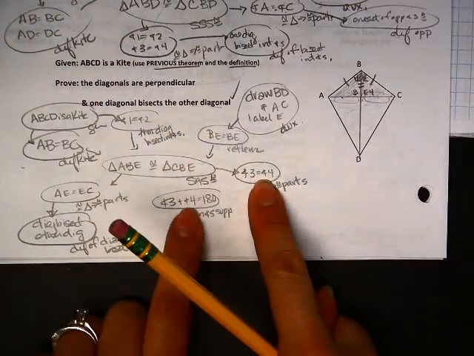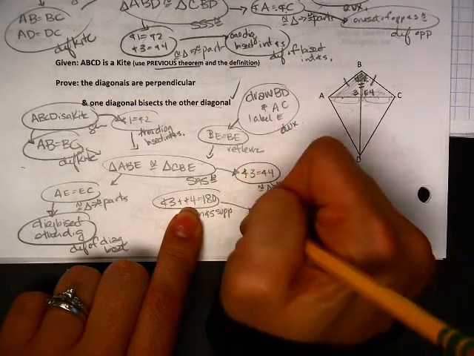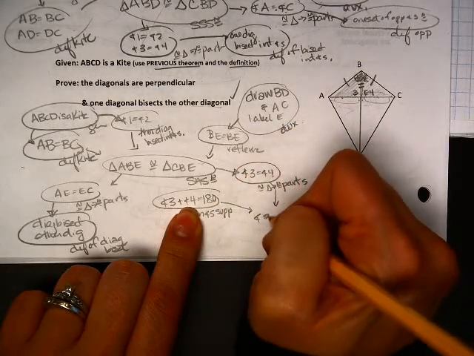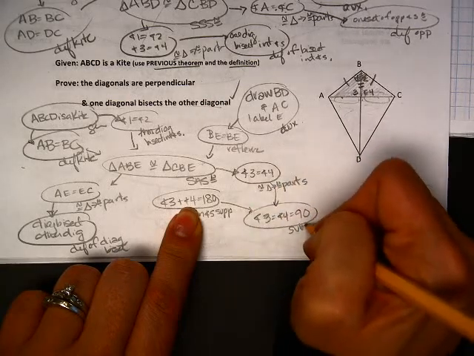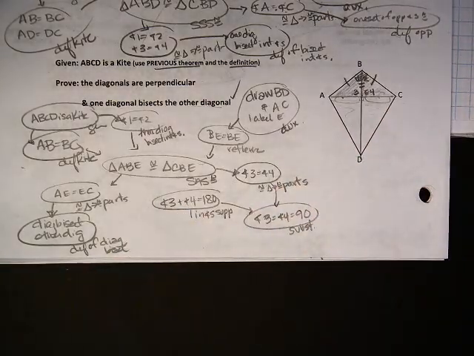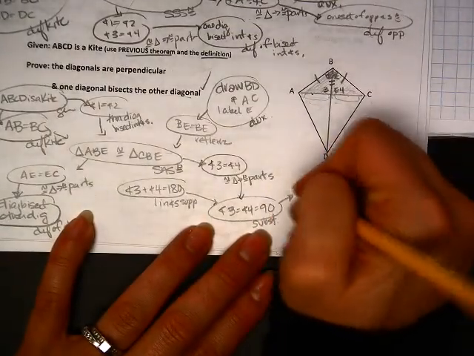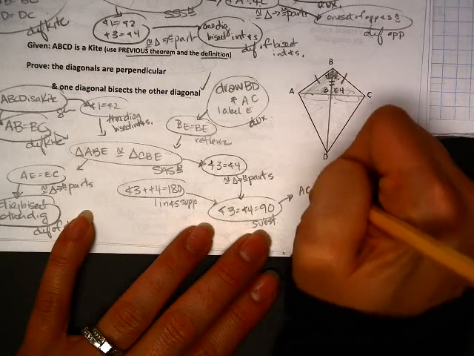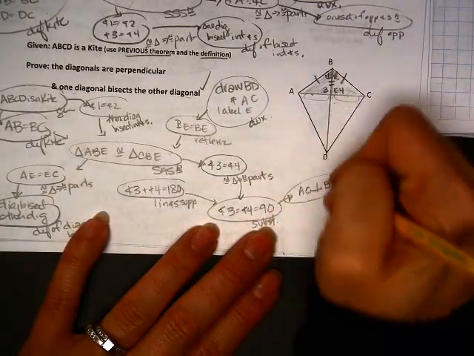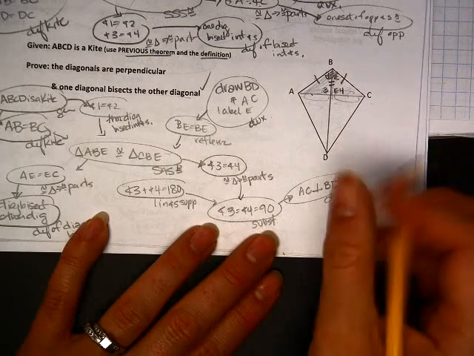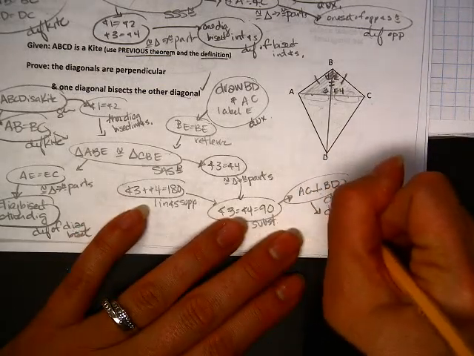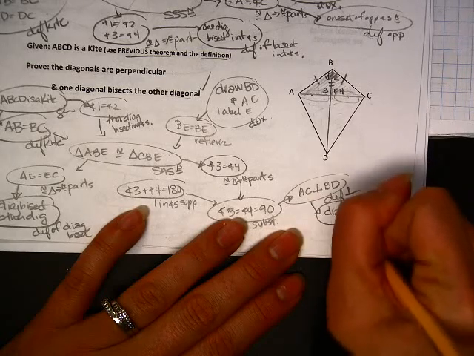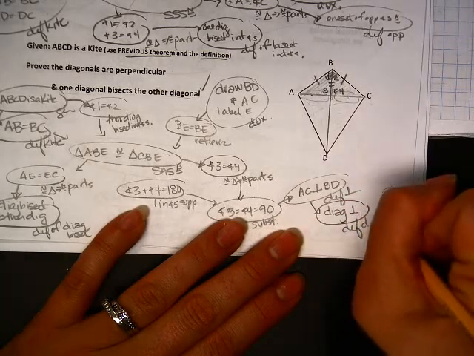Since they are equal and supplementary, if I combine those two facts, that gives me that they are both 90 by using substitution. Do a little algebra there. And if they are both 90, then that means that AC is perpendicular to BD. Definition of perpendicular. And the reason I chose those is so that I can say the diags are perpendicular, and so that would be the definition of diagonal.